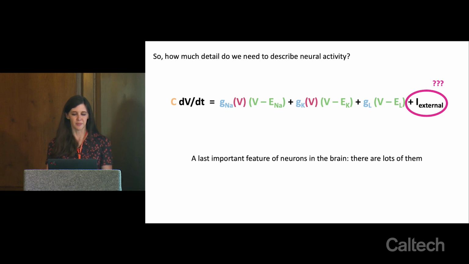And the thing that's going to be the biggest challenge is this external input to the cells. So figuring out what input the neuron is getting from other regions of the brain, from how it's being driven by the animal's behavior. And this is what's kind of fueled a push away from these more biophysical models towards descriptive statistical models. Not really knowing what this input is makes fitting these parameters carefully a little bit redundant, because you really don't know what inputs the cell is receiving from other neurons in the brain most of the time.